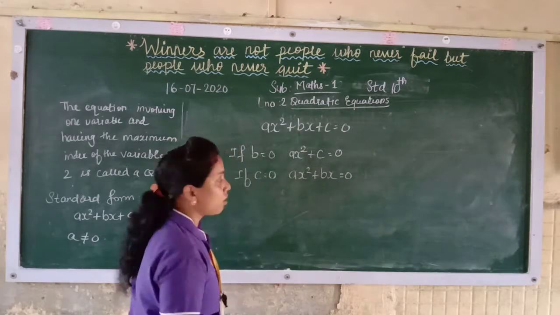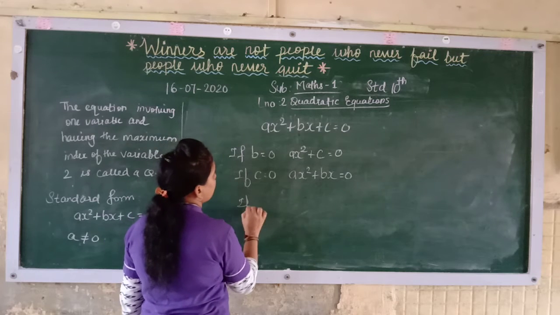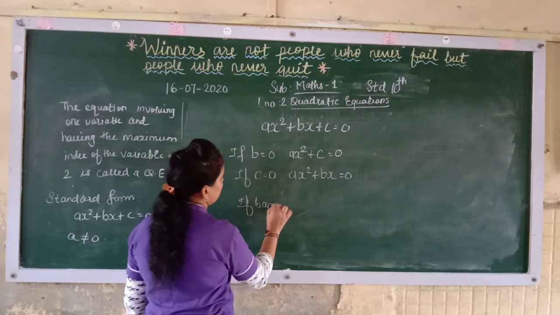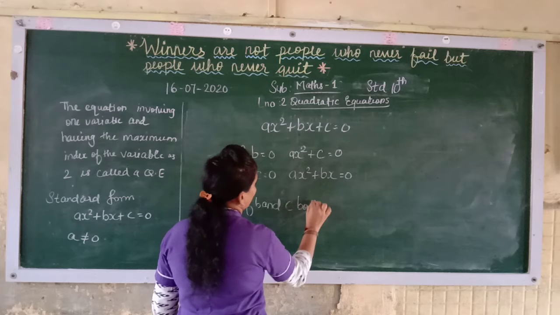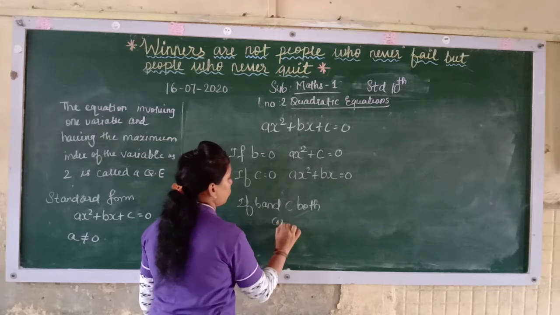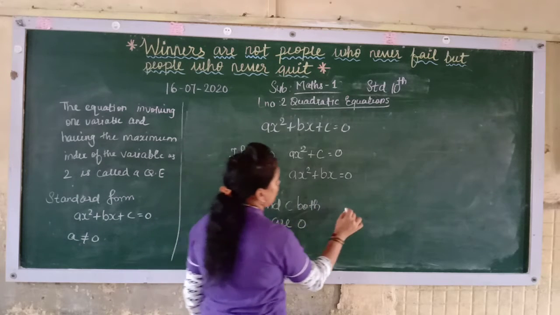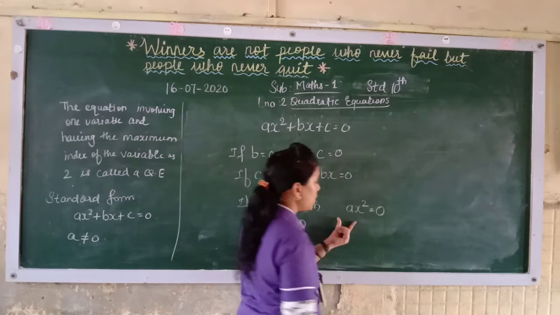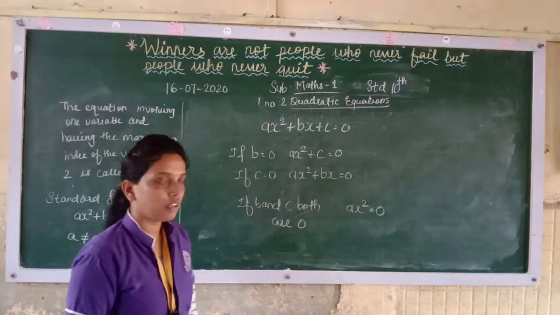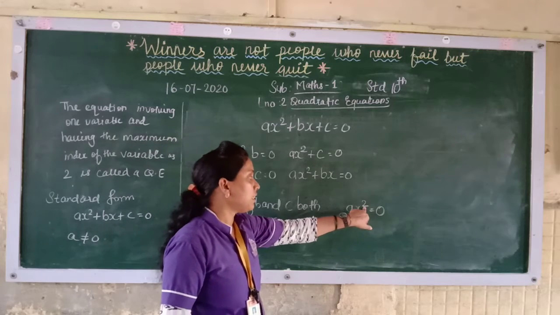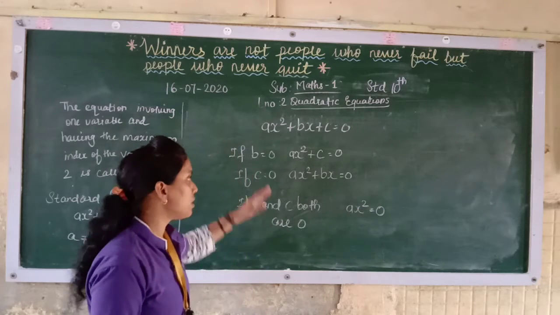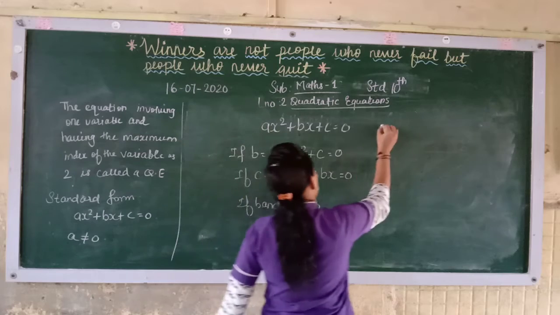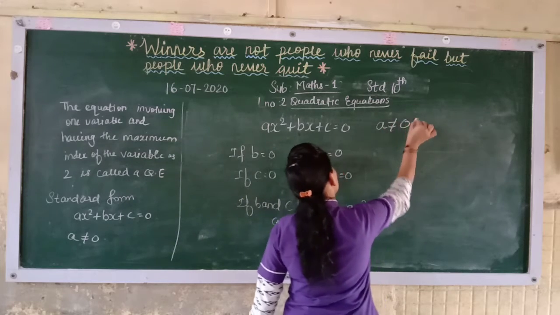This is also a quadratic equation. If b and c both are 0, then your equation is ax square is equal to 0. Still it is a quadratic equation. You should remember that this highest power 2 should always remain. That is why a should never be equal to 0.